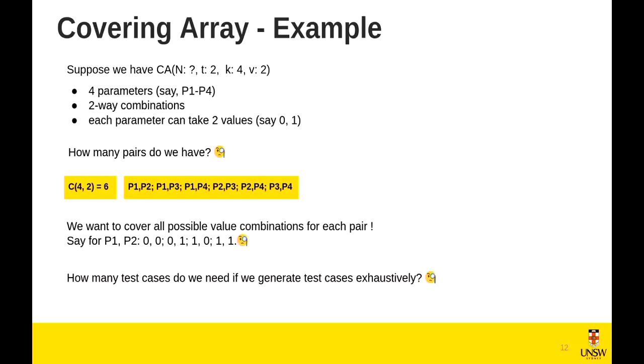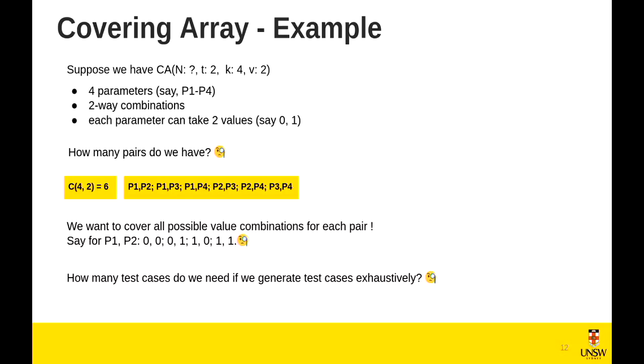That's straightforward. But as you can see here, P1, P2, P3, P4, if you consider them as 4 bits, because each one of them can only take 0 or 1, right? So in total, we only need 16 combinations to cover all the possible cases. We only have 16 choices here, actually.